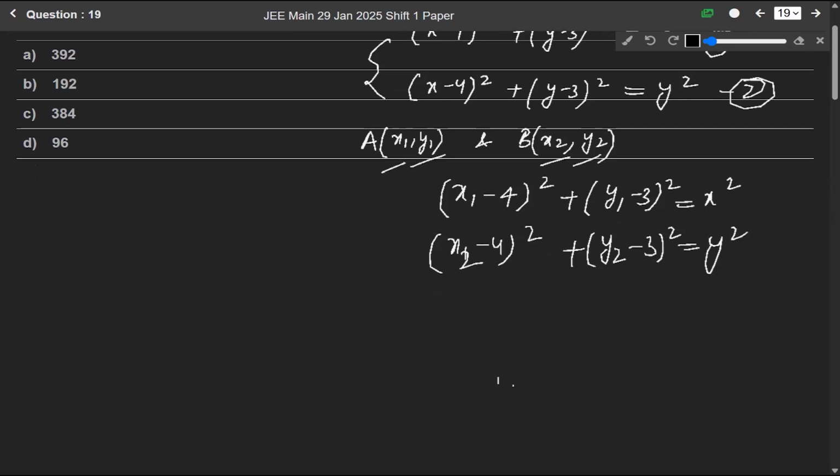Now when we solve it, we get x1 plus x2 equals 14 and x1 times x2 equals 25.